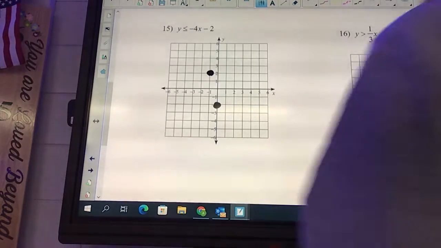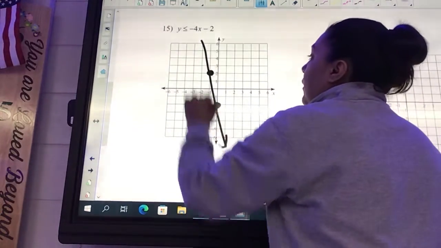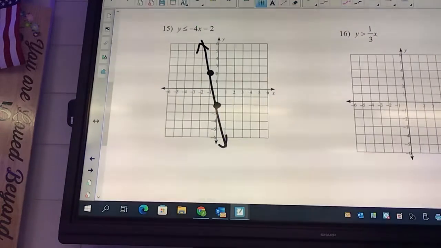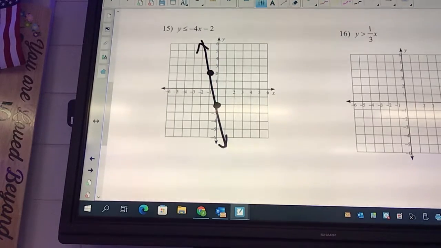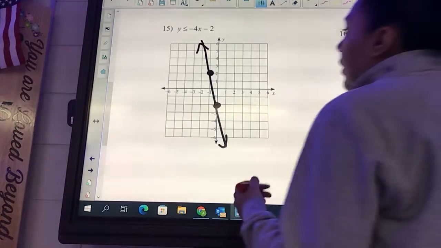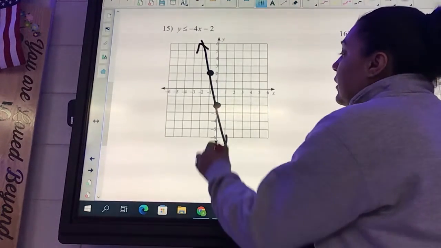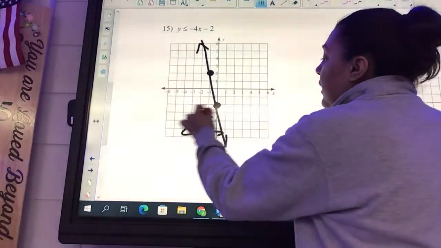Solid line. And it says y is what? Less than. So we're going to shade above or below? Above. Well, no. Below. So it should be this side.